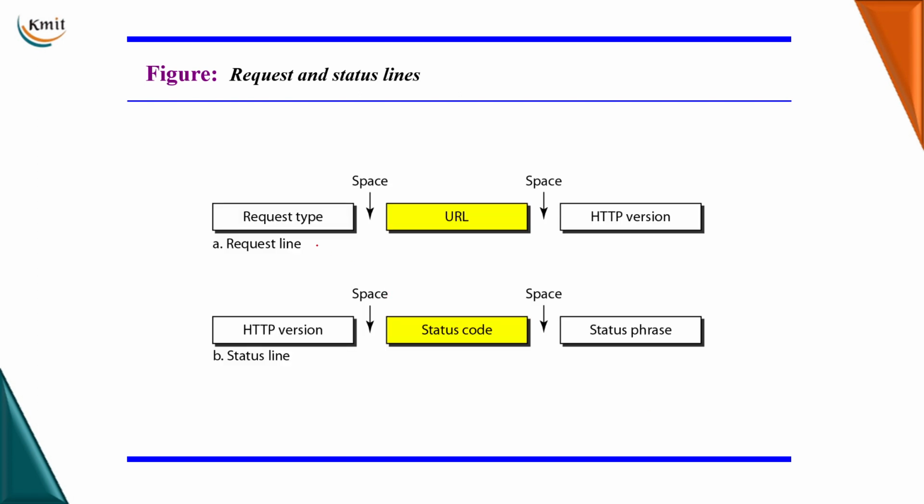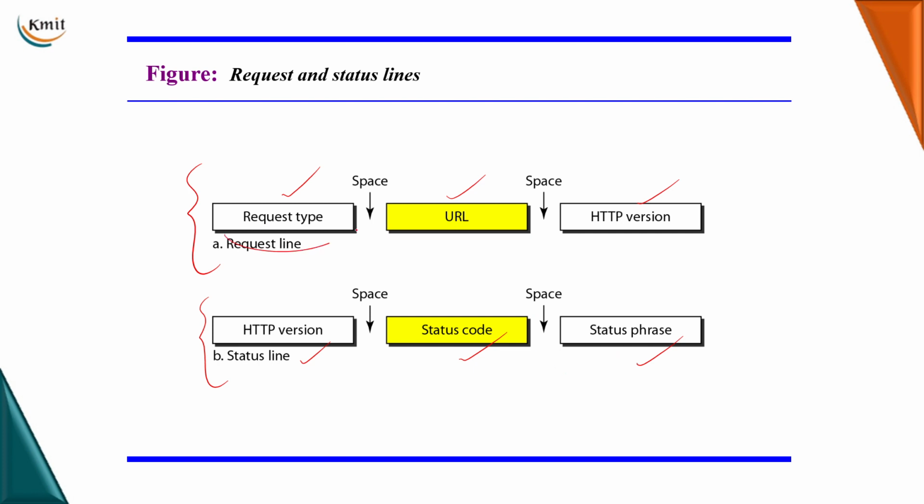The request line of the request message and the status line of the response message are shown here. The request line consists of the request type, space, the URL, space, the HTTP version. The status line of the response message consists of the HTTP version, space, status code, space, status phrase.